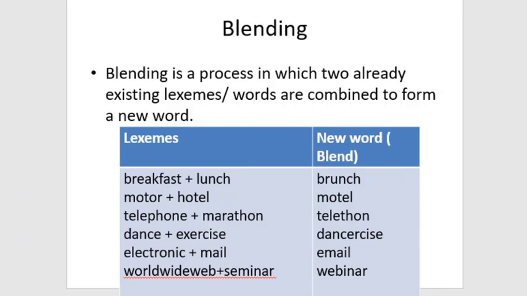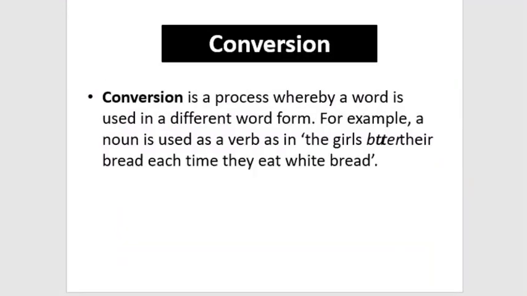No, you need to actually say that this could potentially be the way to describe how we came to brunch, how motel was formed, how tenderpreneurs, which I've given as an example, was formed. These are blendings. Okay, it's another word formation process that we have.